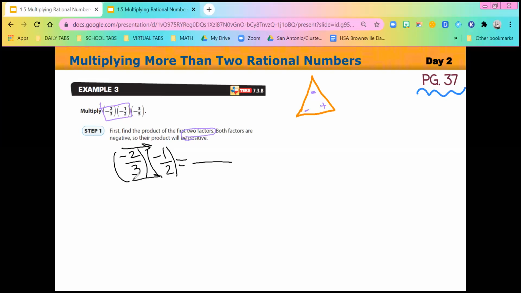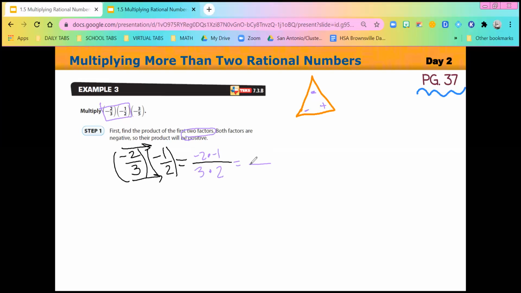So I'm going to multiply numerator times numerator, denominator times denominator. So I'm going to take negative 2 times negative 1, and then our denominator, 3 times 2.